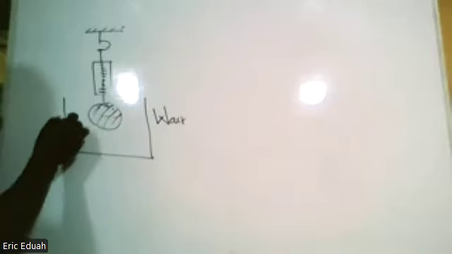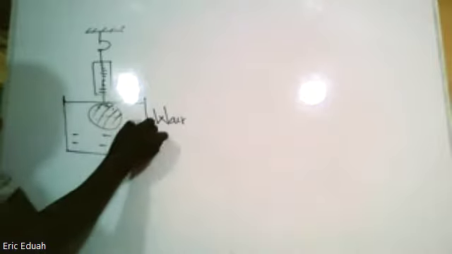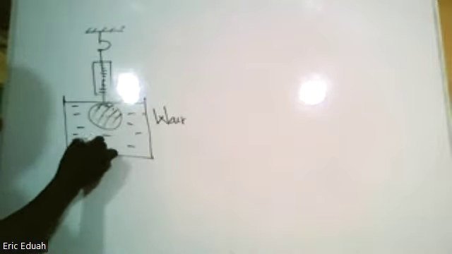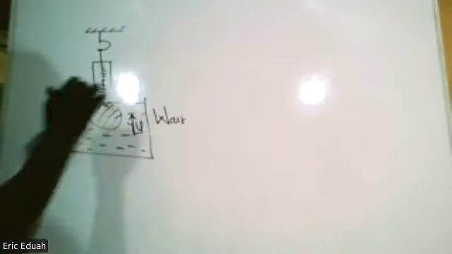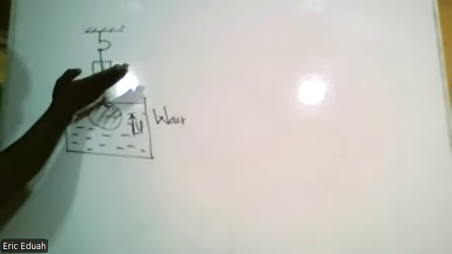When the same body is lowered into a fluid medium, because this is a fluid, there is an upthrust, an upward force acting on the body, and so that would reduce the weight.